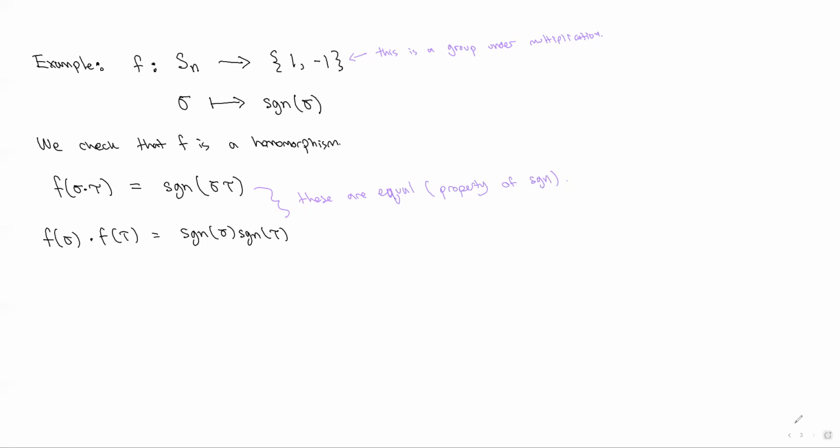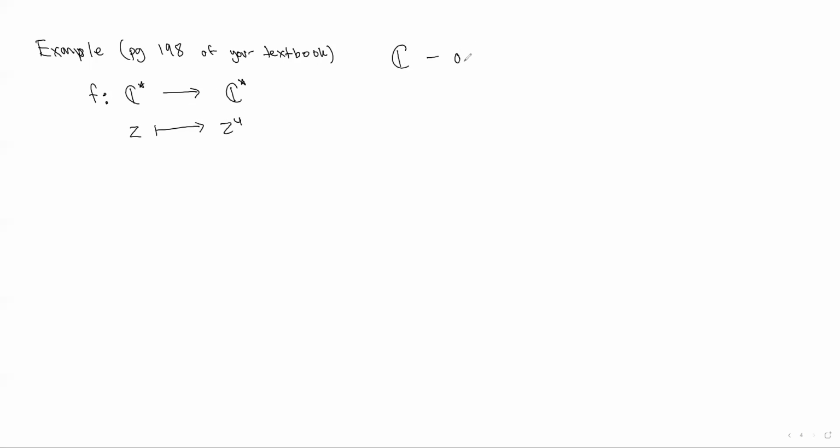Okay, another example. And this is on page 198 of your textbook. This is the map F from C star to C star, which takes Z to the 4. And as with R, C means addition, C star means omit 0 and make the group operation multiplication.